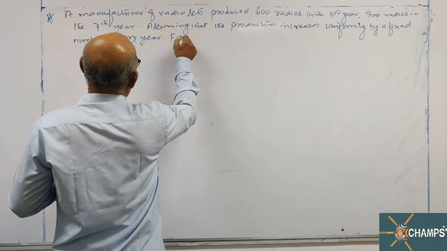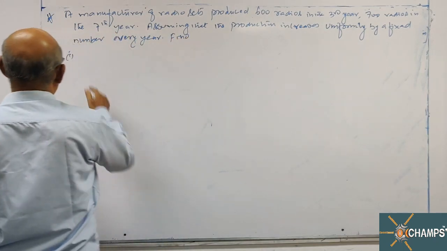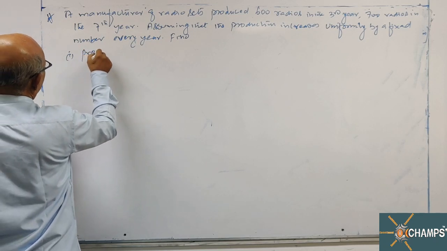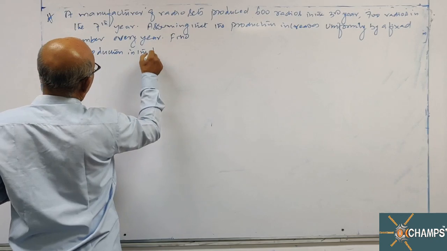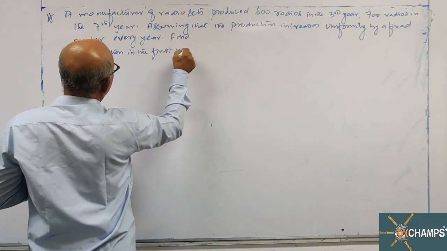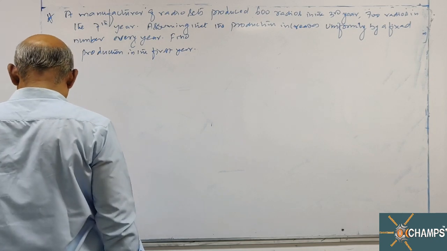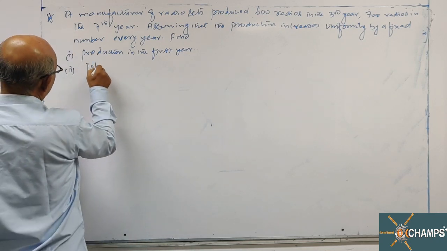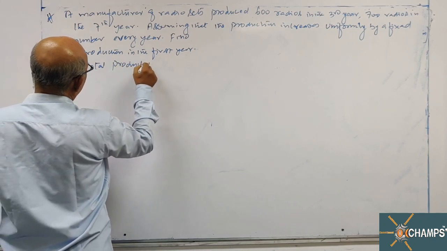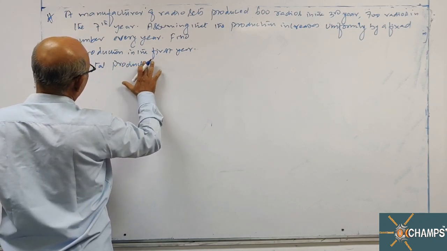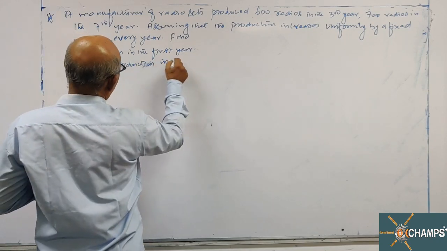Find, first question, production in the first year. Second one, total production in 7 years.